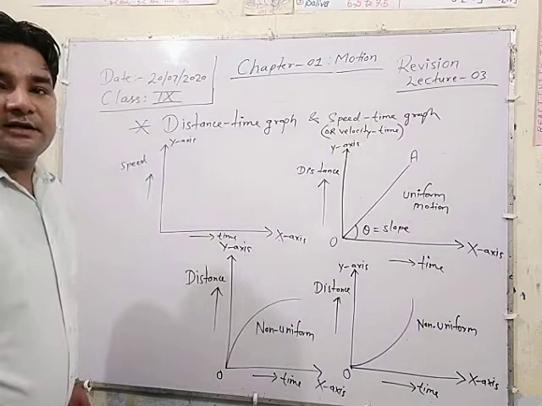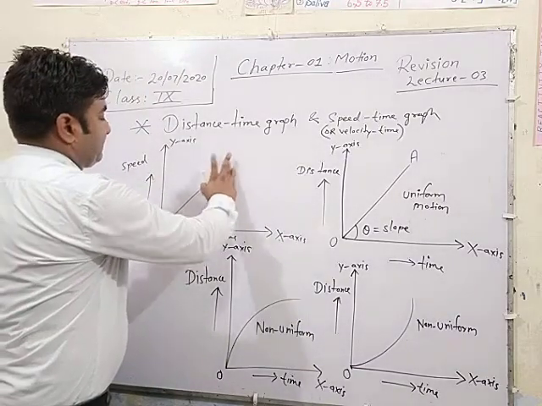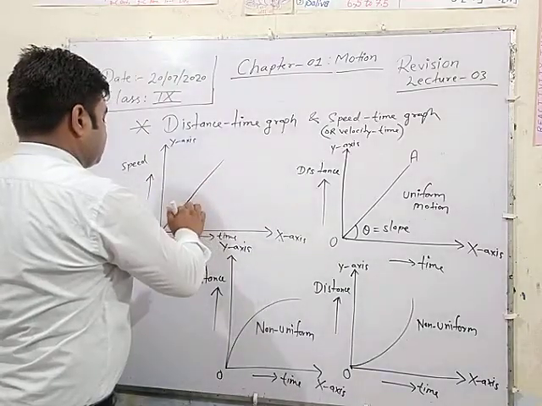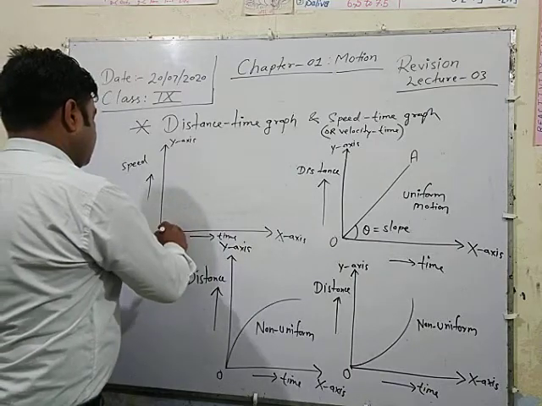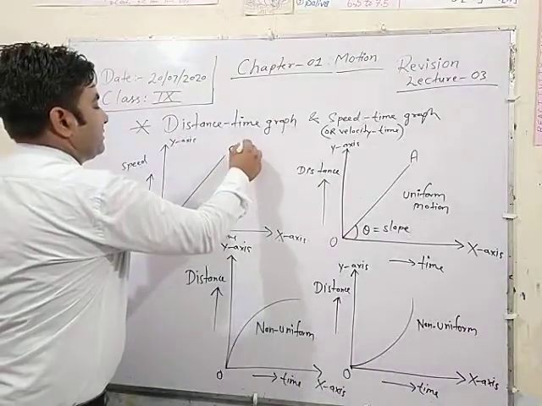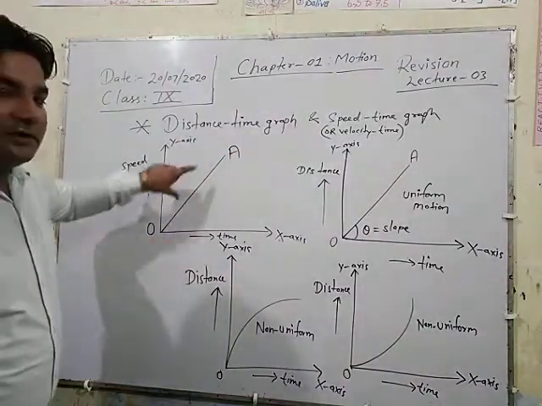Then the area under the speed time graph, so this is the graph from O to A, no matter. This is the speed time graph represented by OA.